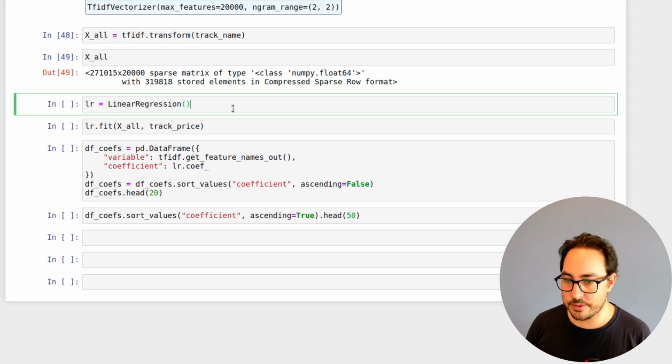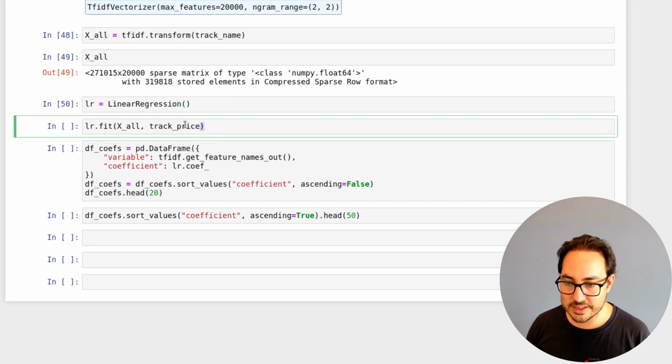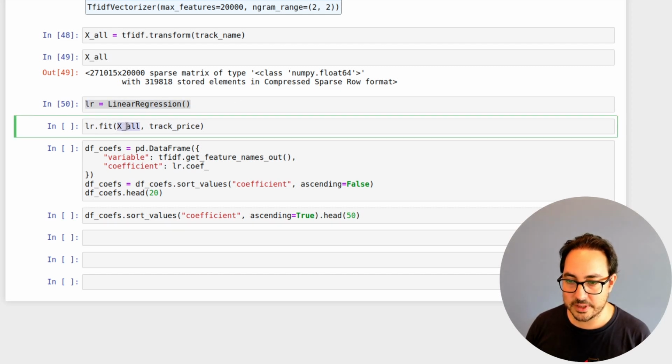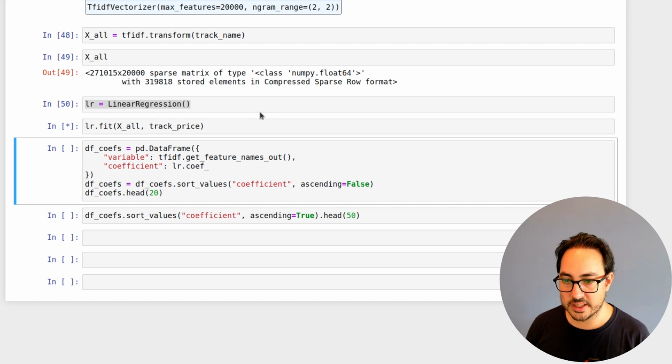Okay, and then what I can do, and I think this makes it a lot clearer, is I define this linear regression object, and then I fit it to the data. So I use the xall, this matrix that we created, as the features, and the track price as the target. I'm going to run this.